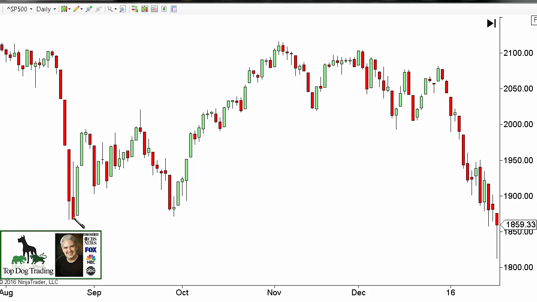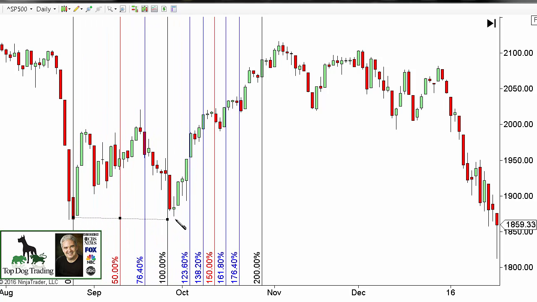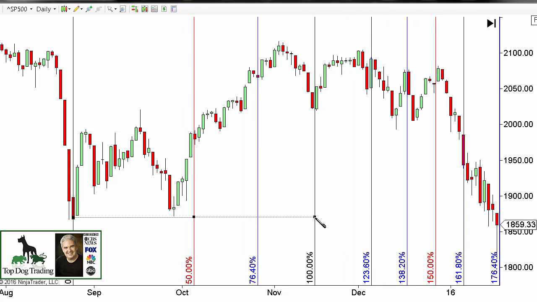So let me just give you a quick little example of what this does. Now this is not how you really draw it, but I just want to show you the tool, and then I'll show you how to draw it properly. So I drew it from here to here. Now, let's say that this was today. It draws these vertical lines in the future, and it's measuring the bottom axis, time.